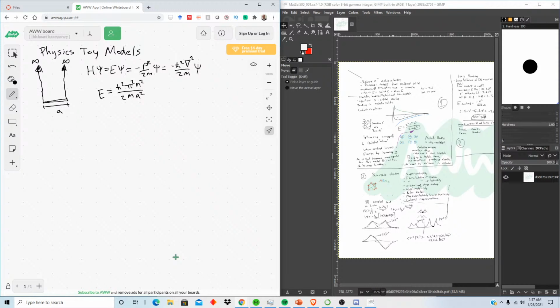And so you'll have energy levels for n equals 1, n equals 2, n equals 3, and so on. And so the neat part where we ended up using this toy model is we recognized that this energy is actually dependent on the size of this model, right?